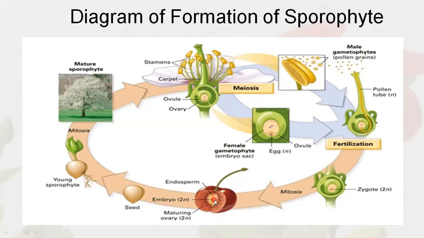Endosperm provides nourishment to this embryo. This is the mature ovary, and again it will form a seed. This seed production is the post-fertilization process, and it gives us the young sporophyte and then the mature sporophyte by the process of mitosis. This is the complete process of pre-fertilization, fertilization, and post-fertilization.